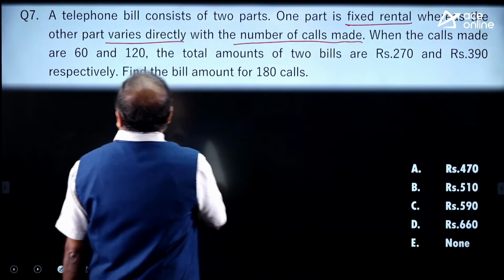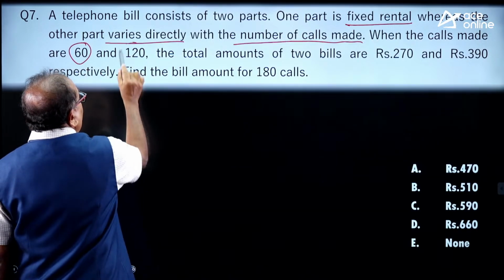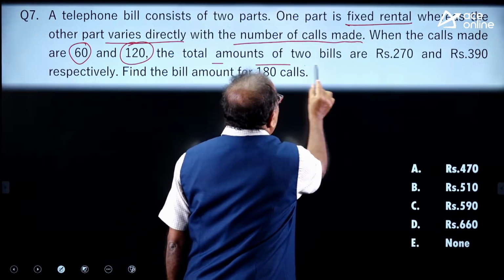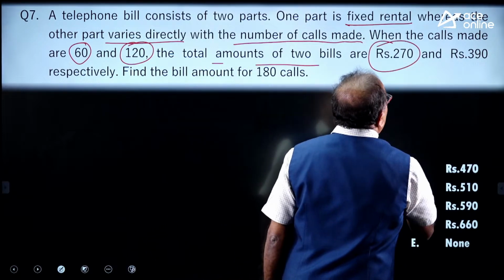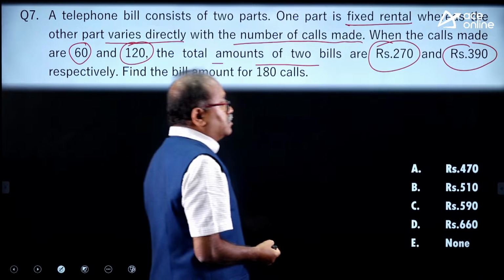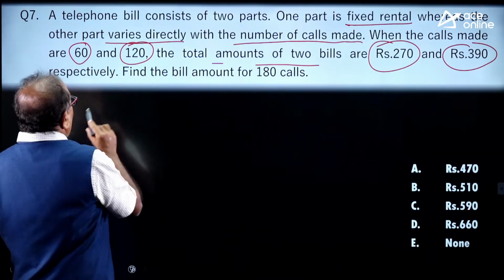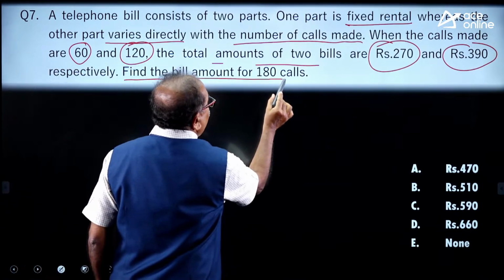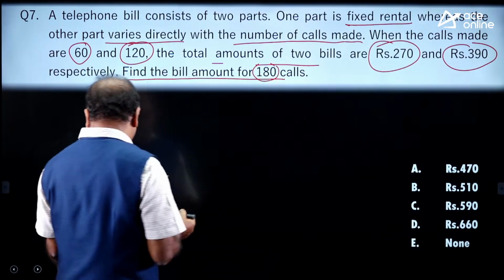When the calls made were 60 and 120, the total bill was 270 and 390. Now the question is, find the bill amount for 180 calls.